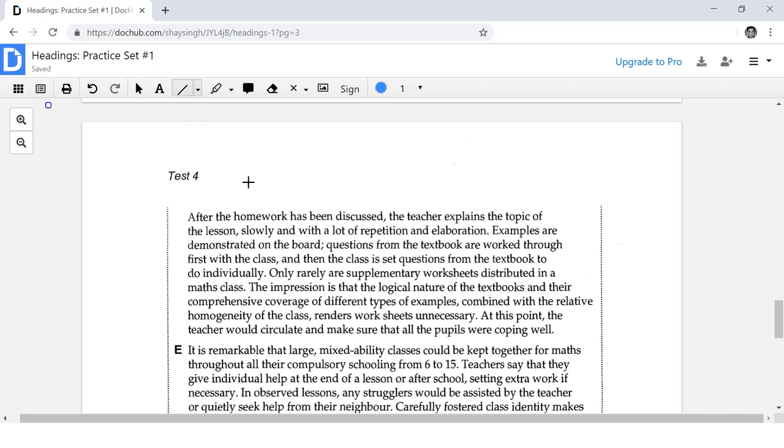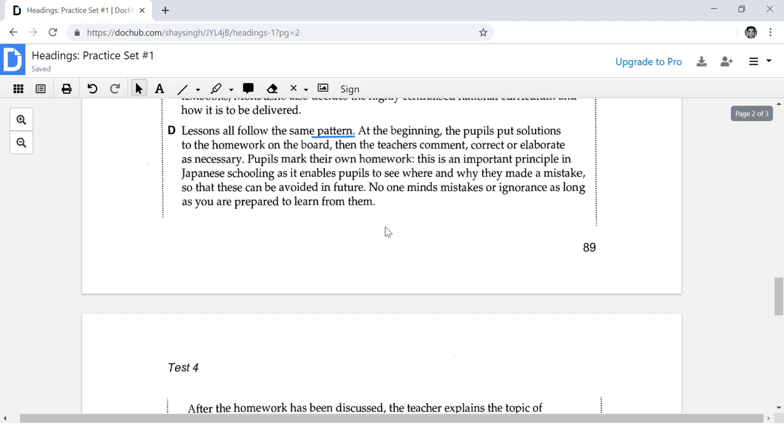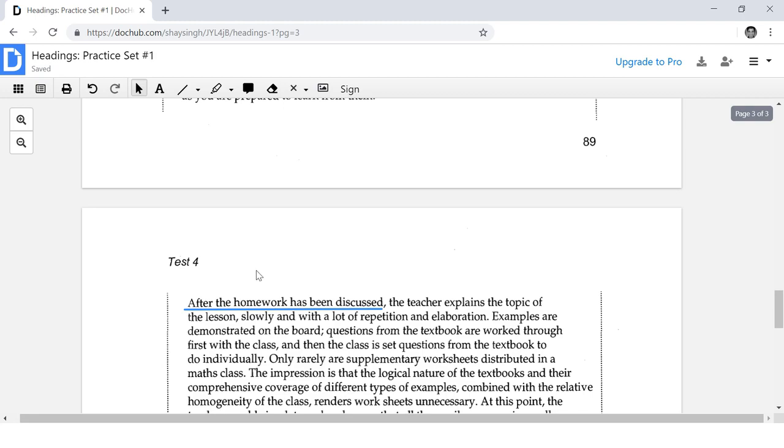Okay, so here it's talking about what the teacher does after the homework has been discussed. What happens after the homework has been discussed? That's what this whole paragraph is about. So that gives us the overall meaning of this section. The pattern in which the lessons are taught and what happens after the homework has been discussed.